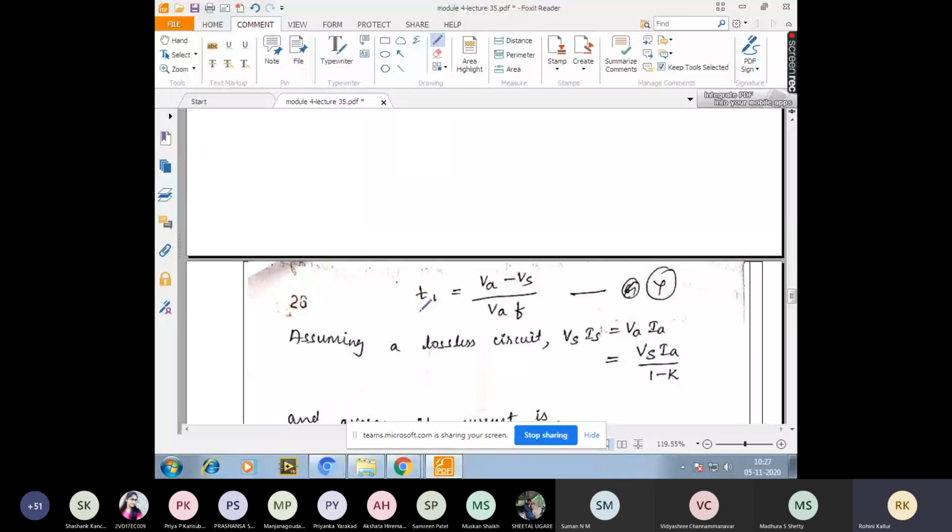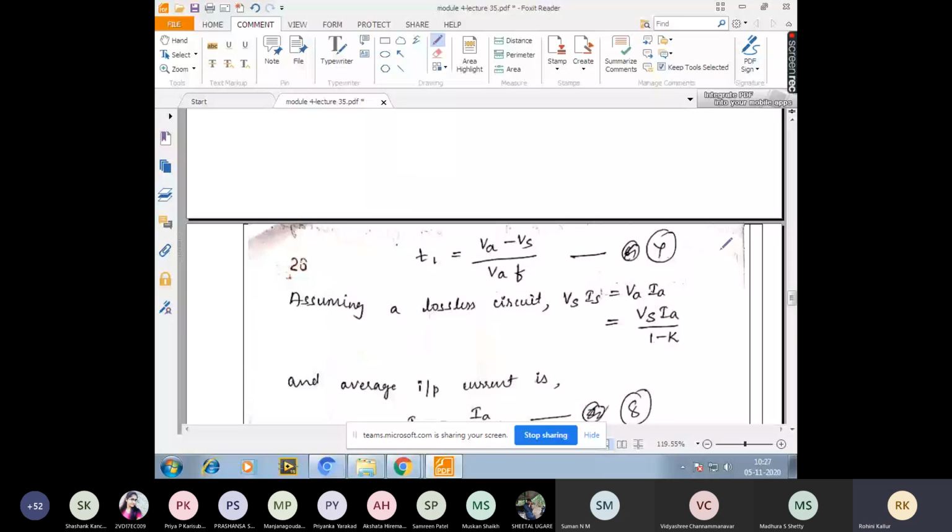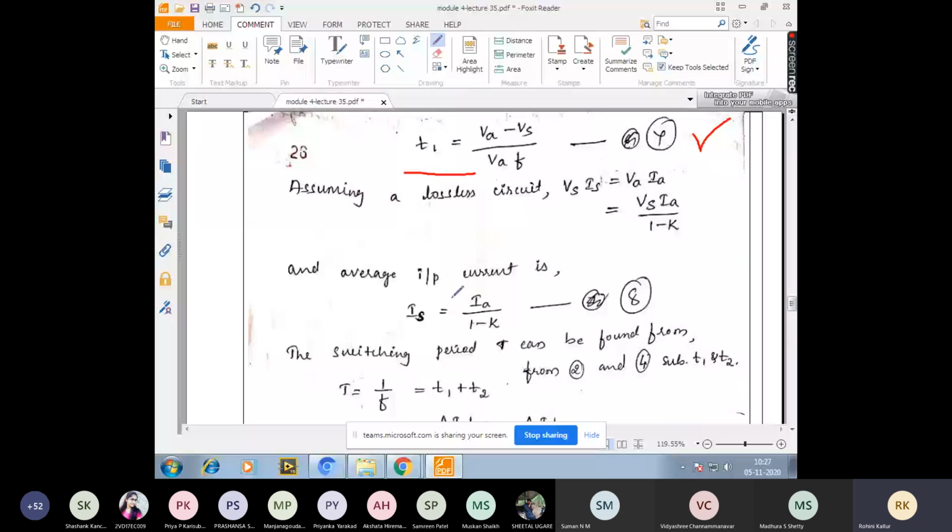It will be a T, and that I have written as 1 over F. So this small T1 is equal to VA minus Vs whole divided by VA into F. So this is equation number 7. So from equation number 1 and 3, we have written down the equation for, sorry, small letter T1.